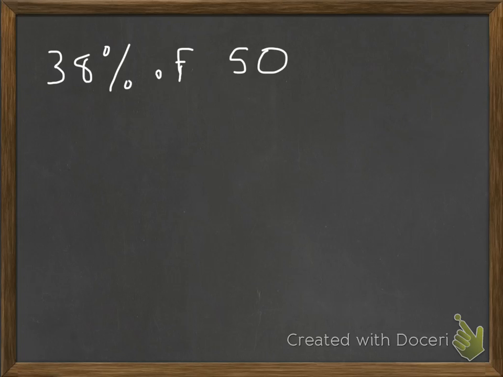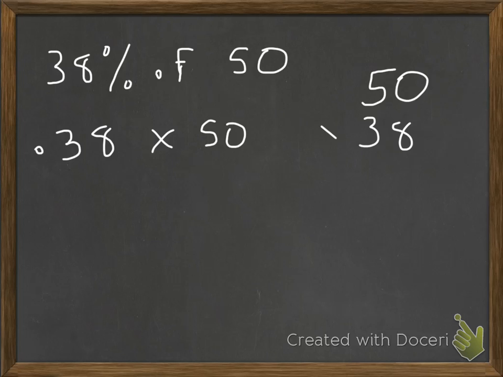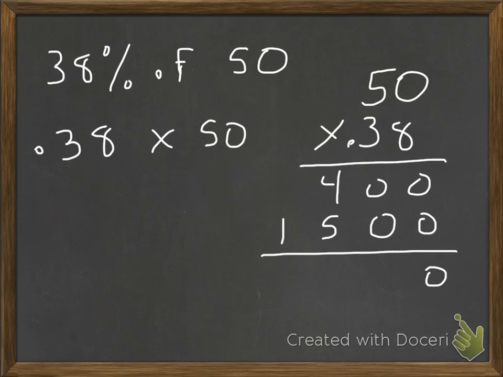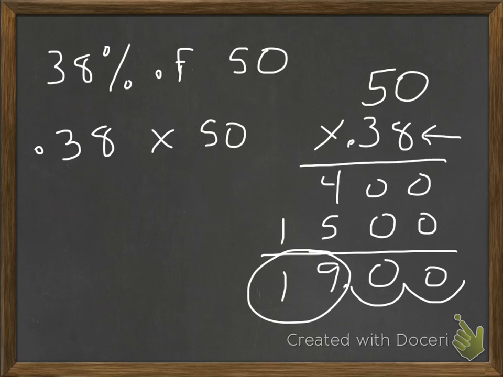I'm sorry, forget that. 0.38 times 50, and we got two places to the left, 1, 2, so it's 19. 38% of 50 is 19. So if something cost $50 and is 38% off, it'd be $19 off.